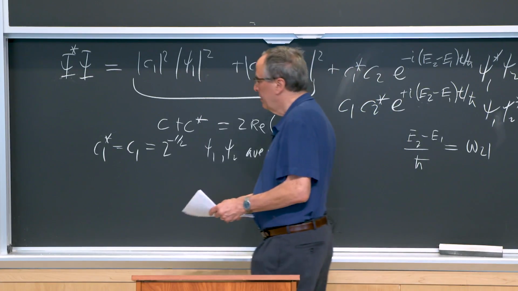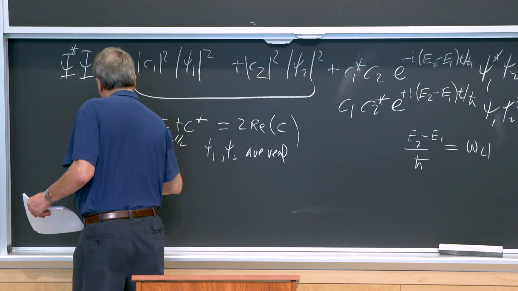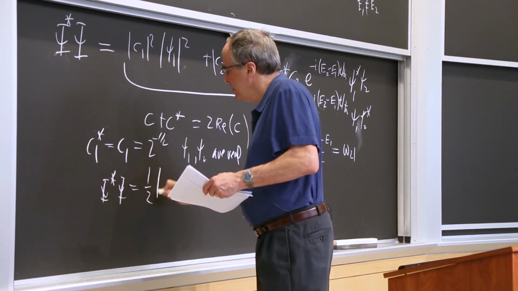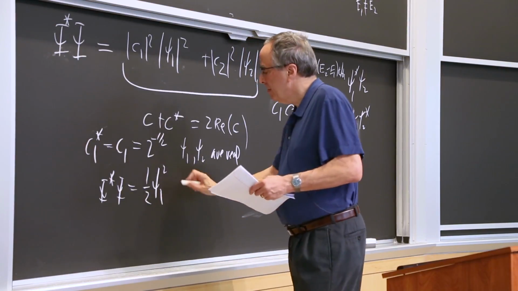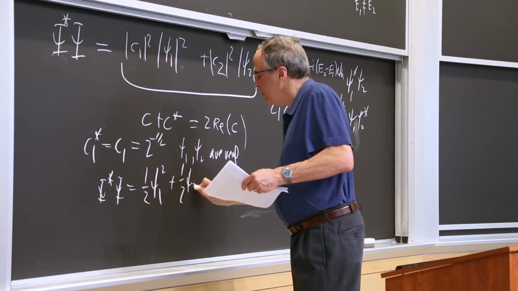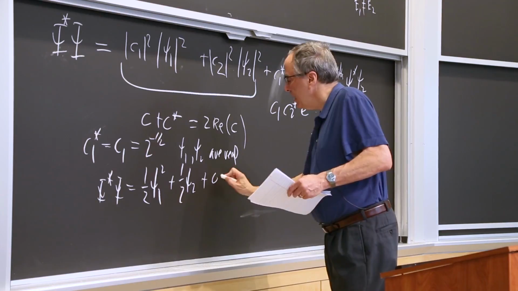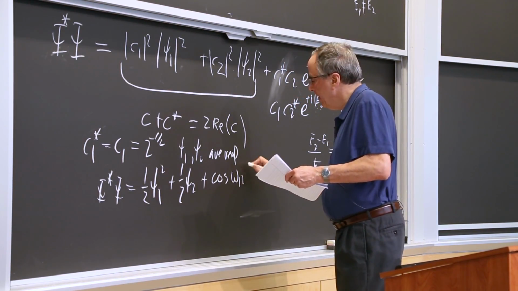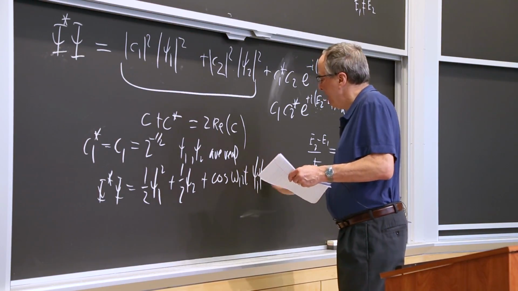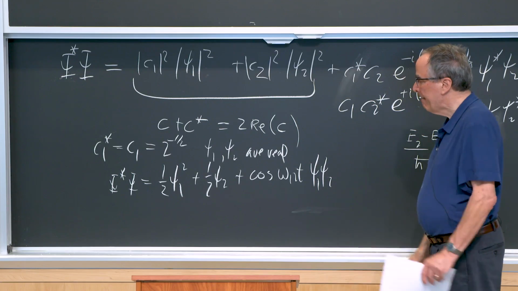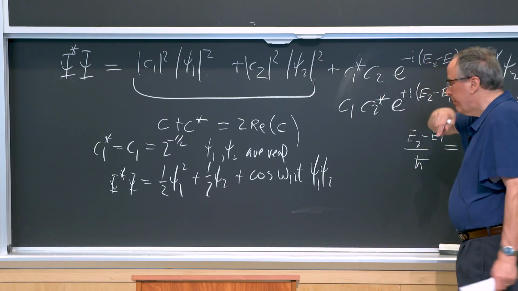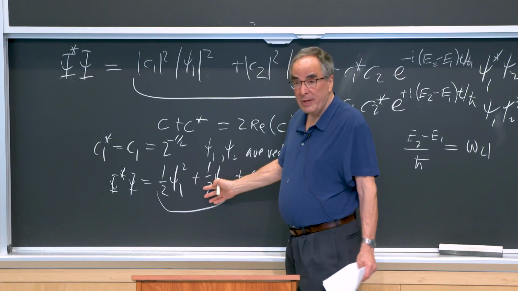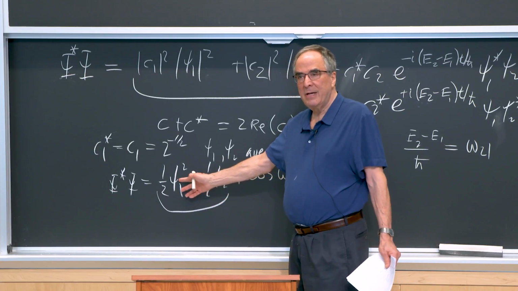When we do that, this complicated looking thing, psi star psi, becomes 1/2 psi 1 squared plus 1/2 psi 2 squared plus cosine omega 1,2 t psi 1 psi 2. Well, these two terms aren't moving, and they're real and positive.